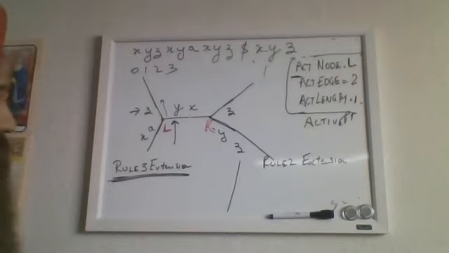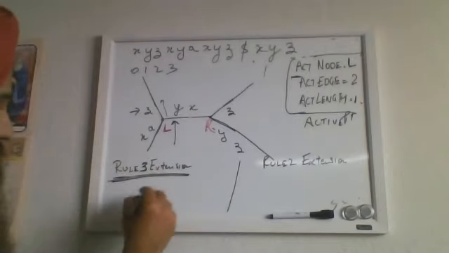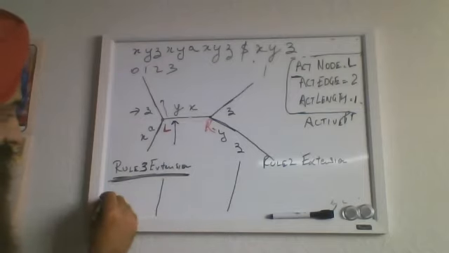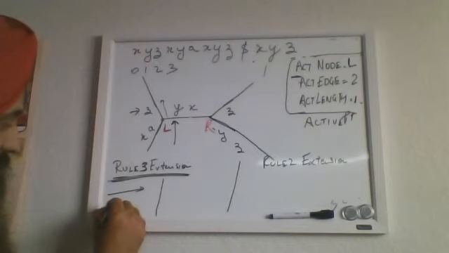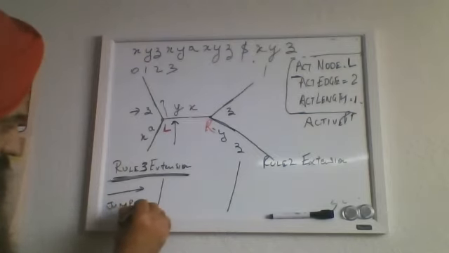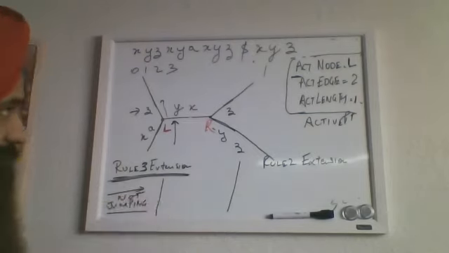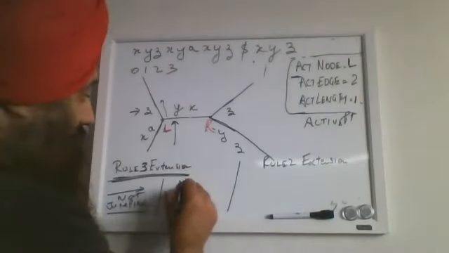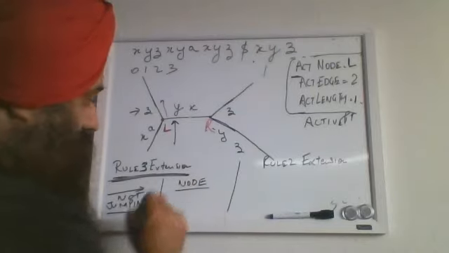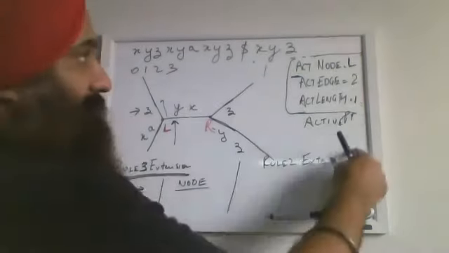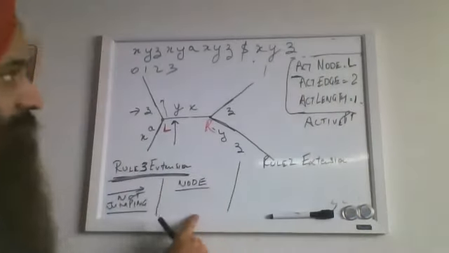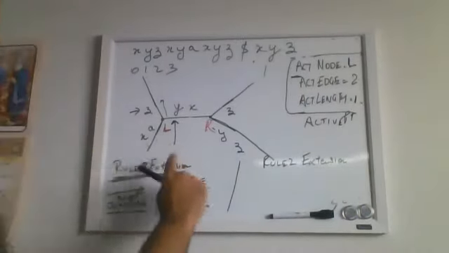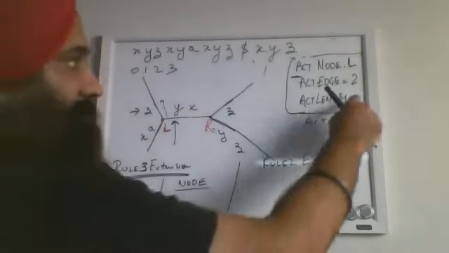So just to recap, on a rule 3 extension, if you are moving along the same edge label and you are not jumping a node, you increment your length by 1. But as soon as you jump a node, any internal node, all three values will change. Your active node will become the node that you have jumped, the edge will become the direction of the edge you are moving along, and your length will become 1.